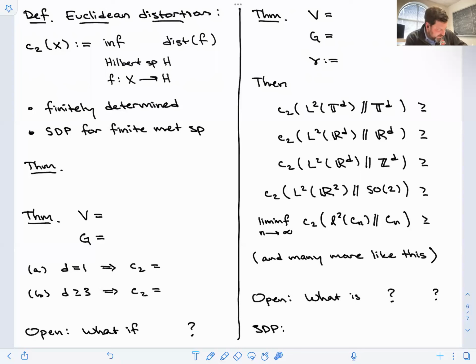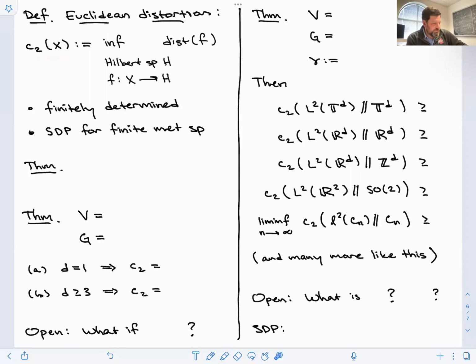Here are some magical properties of Euclidean distortion. It's finitely determined, which is to say if you pass to a finite subset of X, figure out what the Euclidean distortion is for that finite subset, and take the supremum over all finite subsets, it's going to equal the Euclidean distortion for the full metric space.